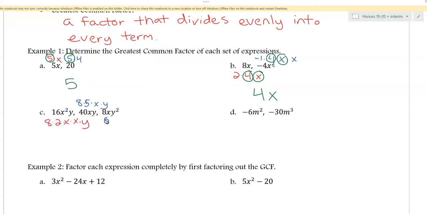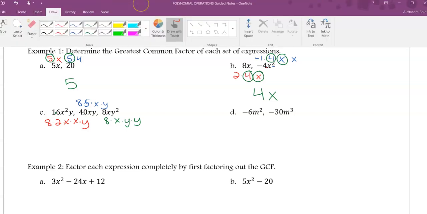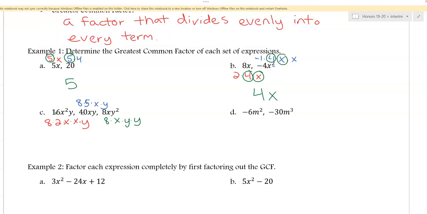And I can have this be 8 times x times y times y. So I started by breaking up this one into 4s, because I could see I could divide these by 4s. And then I saw there was a bigger number that goes into all 3 of those. And that's that word greatest. So while 4 is a common factor, it's not the greatest common factor.